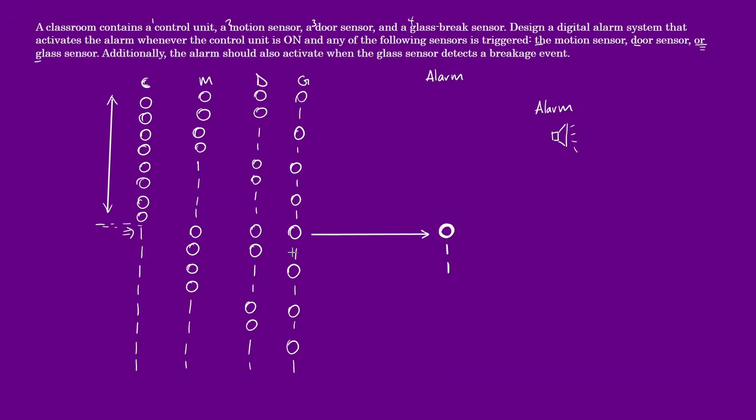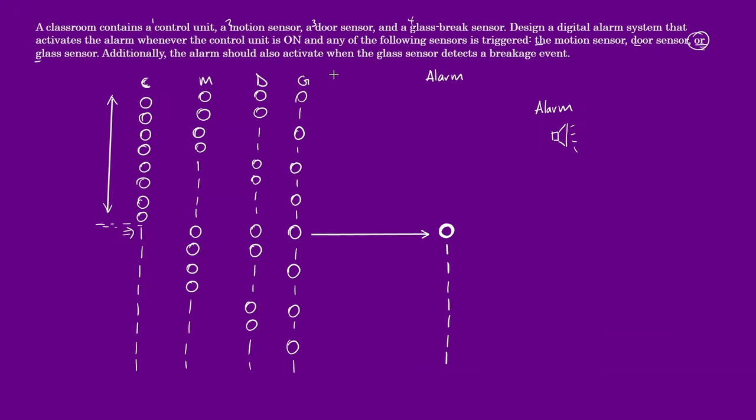Here we have both of them on. Given that our first condition says any one of the following sensors is triggered, meaning we can have more than one, since we are working with the OR operation, we can fill in the rest, since the condition is met for at least one other sensor being on.